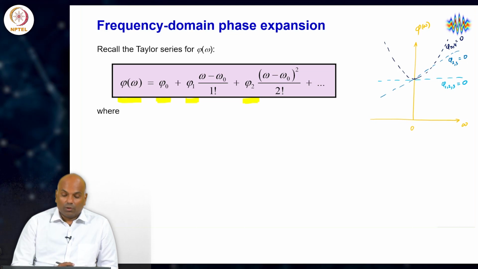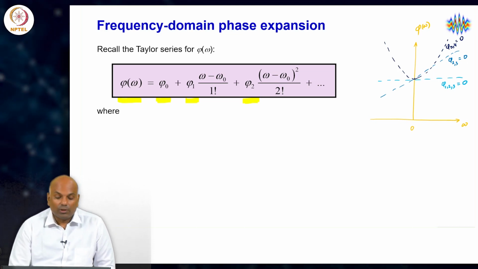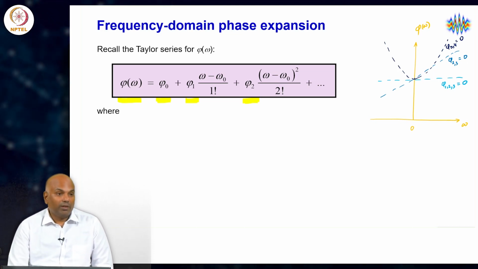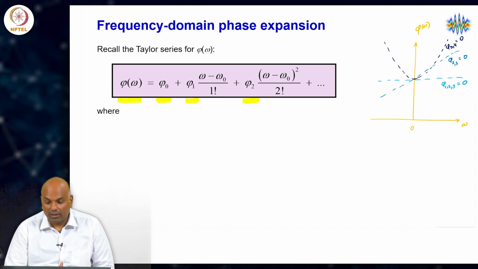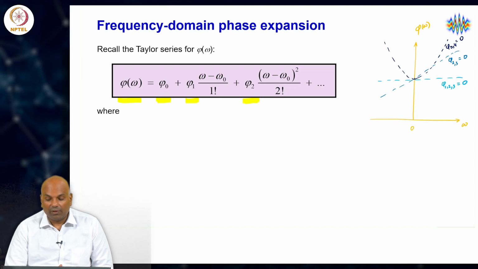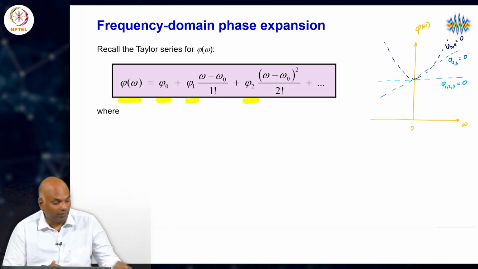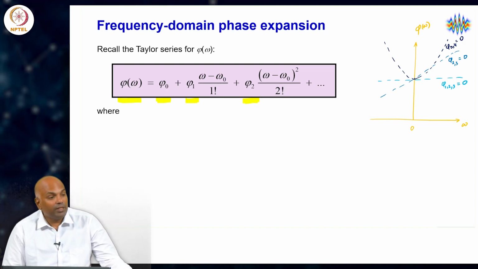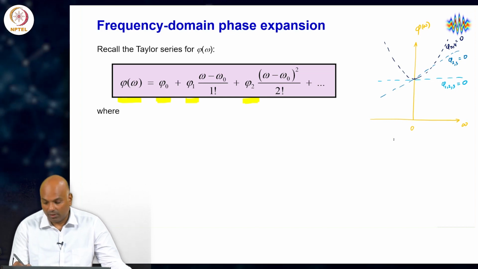I have of course drawn this for the case of positive phi 2, you could have negative phi 2 in which case the parabola would have opened downwards, and for negative values of phi 1, the slope would of course have been negative. So, these are the phase profiles of these pulses.